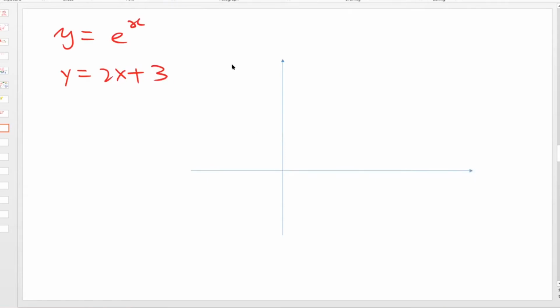To draw this y equals 2x plus 3, what you need to do is create a table for yourself. This table is for this. So let's say your x and y: when x equals 0, your y equals 3, right?